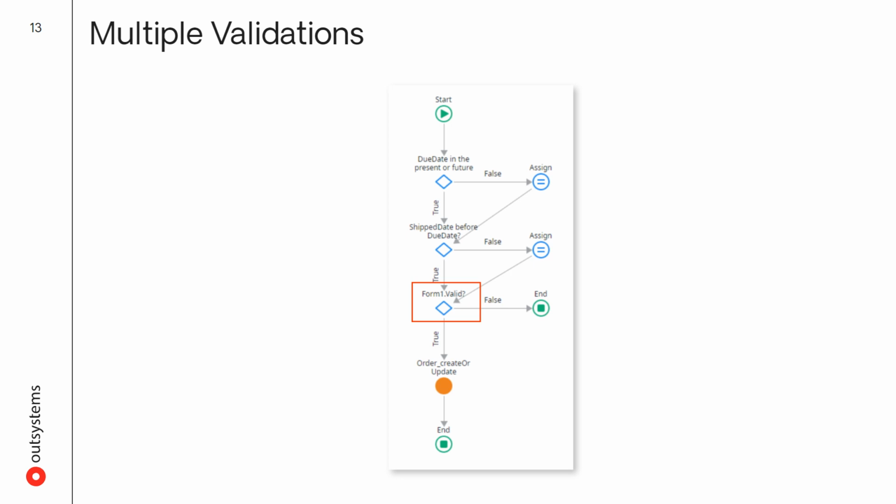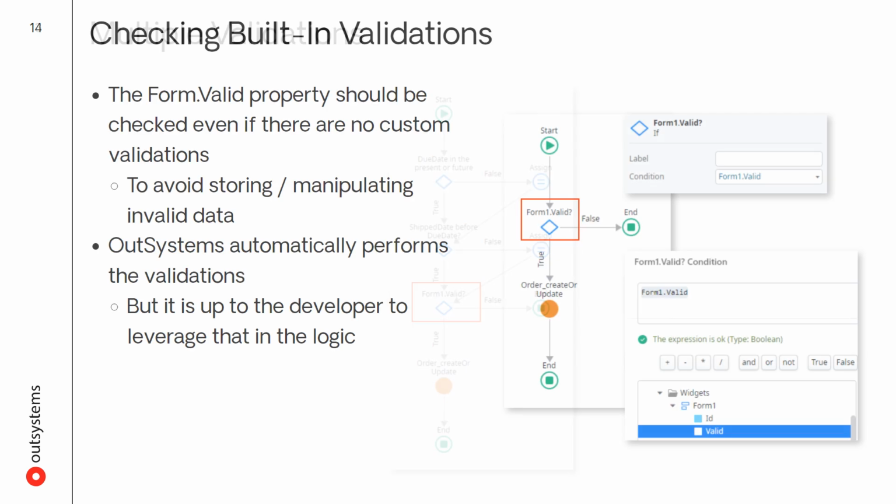This way, we make sure that regardless the path followed, if the form is not valid due to one or more input fields not being valid, the flow ends. If it is valid, the data can be safely used in our logic. Also, this guarantees that if multiple validations fail, the user will see all the inputs that are invalid at once.